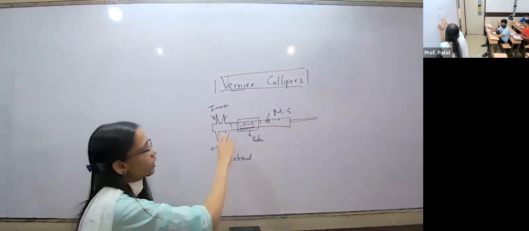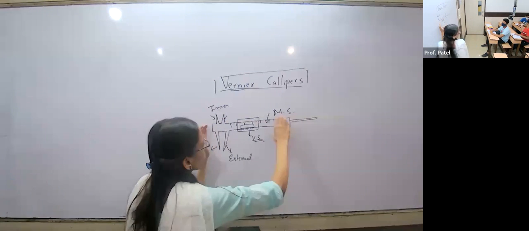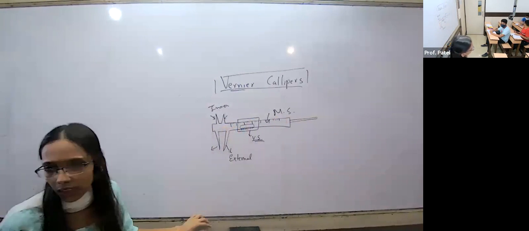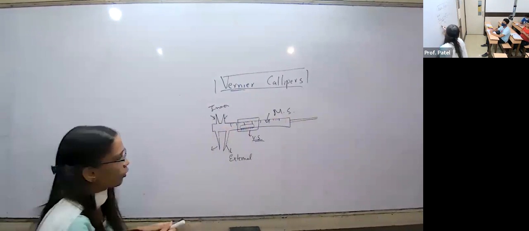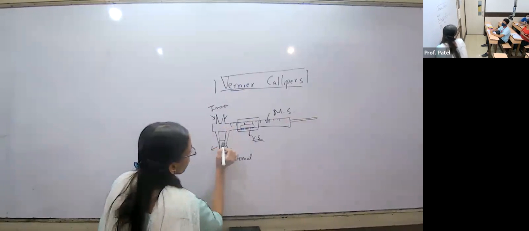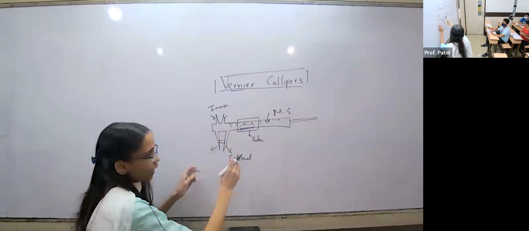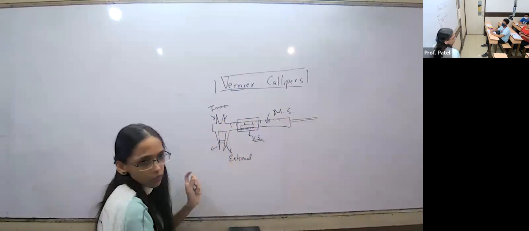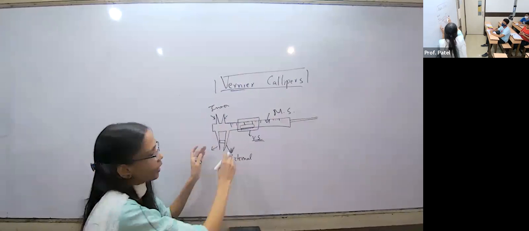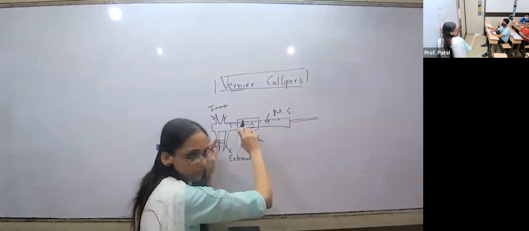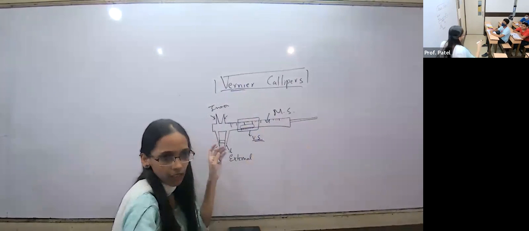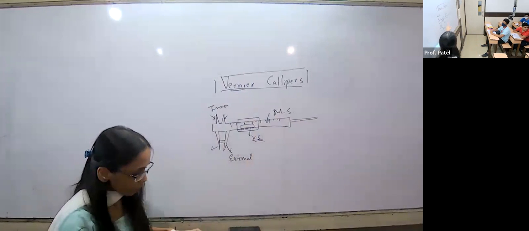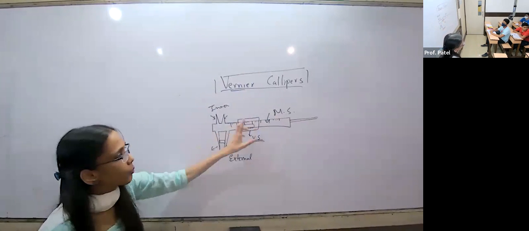So you see that this part moves, and if you want to measure the length or thickness of an object, you can keep that object over here and move it so that you can see the measurement over here. If the length is slightly more, you can draw this outside and the sheet moves. And you see this scale, main scale, and everything.